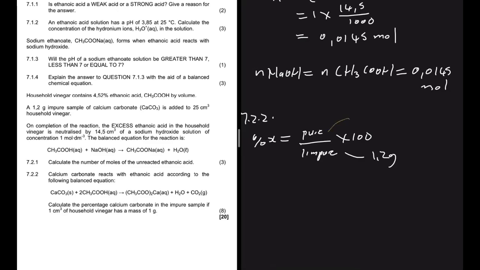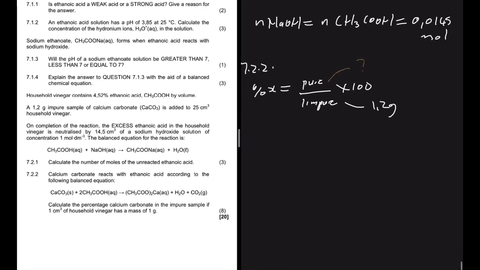But how would we go ahead and do that? We need to find the number of moles of ethanoic acid that reacted, and by using that we can then relate the number of moles using the balancing coefficients and consequently find the mass of the calcium carbonate.